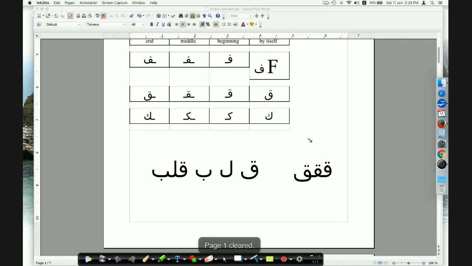Let us write the word Rafiq. Let us see if you can find out what the letters are in the word Rafiq. Try to write it down on your side, even with English letters. Now you will hear Ra, and it sounds like there's an a, but no, there's no alif.